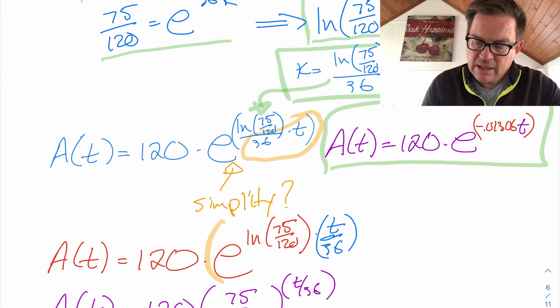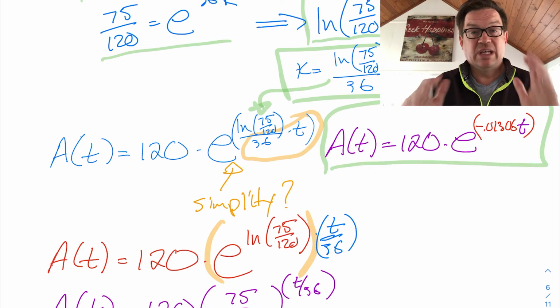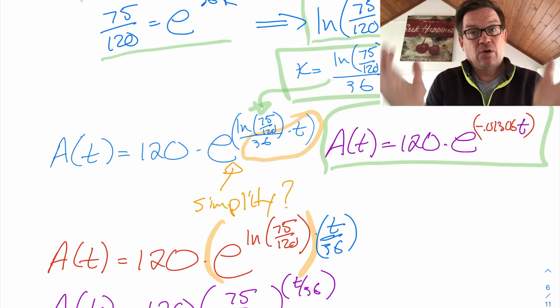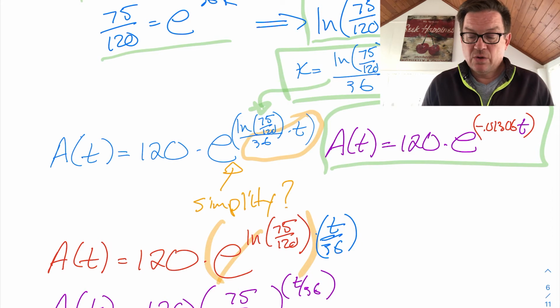And one of the rules for exponents is I can break that apart and do e to the ln of that, then that whole thing raised to the t over 36. And the nice thing is the e and the ln cancel each other out, so that value of 75 over 120 that was in the exponent comes down here.